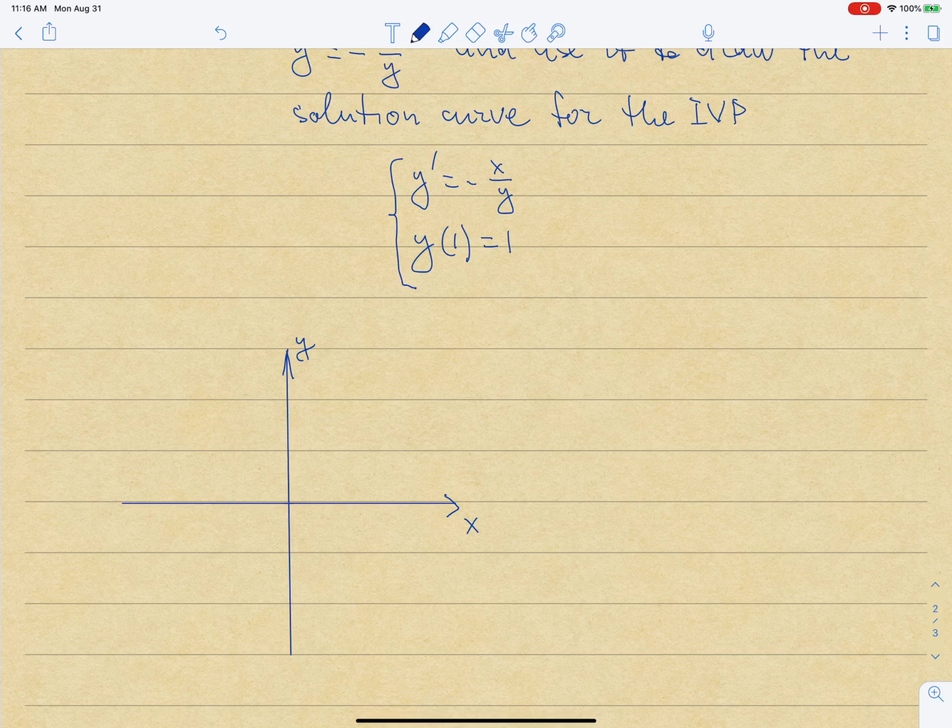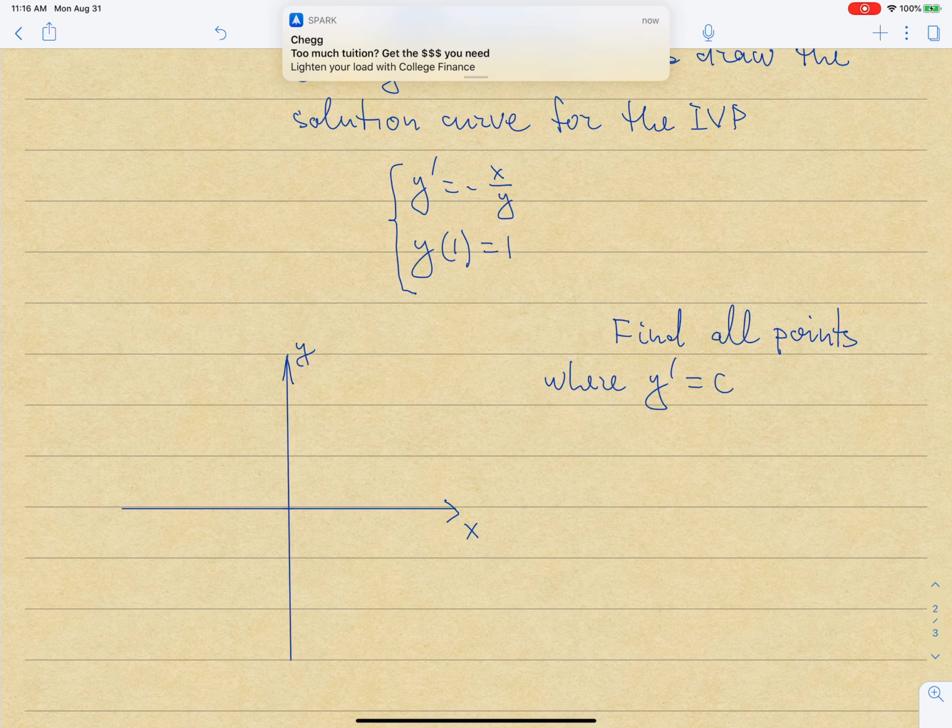I want to find all points. So to accomplish this task, I need to find all points where y prime is equal to c. Now, where is y prime equal to c? Because y prime is minus x over y, I'm looking for all points where minus x over y is equal to c, right?